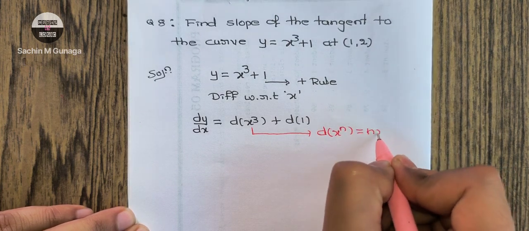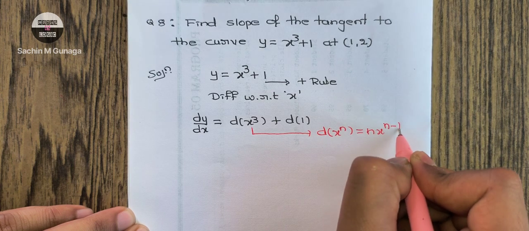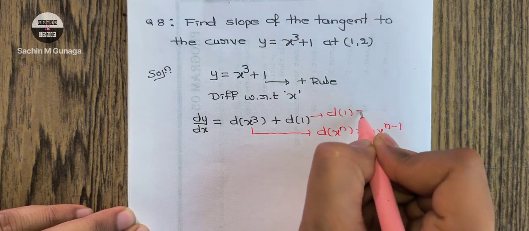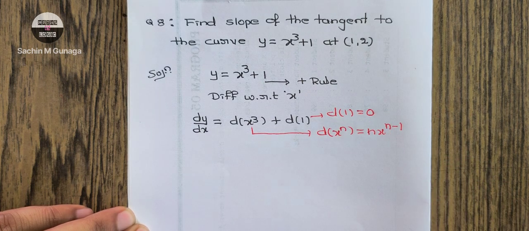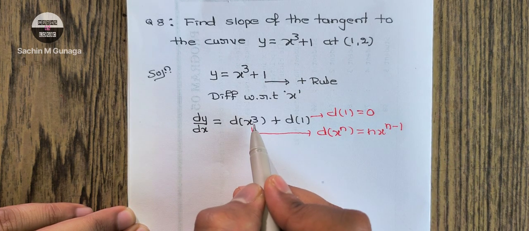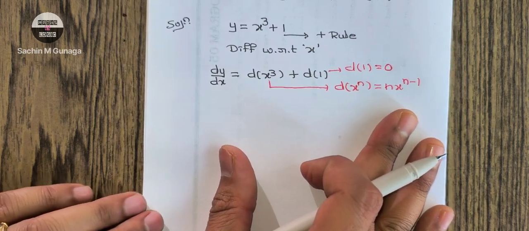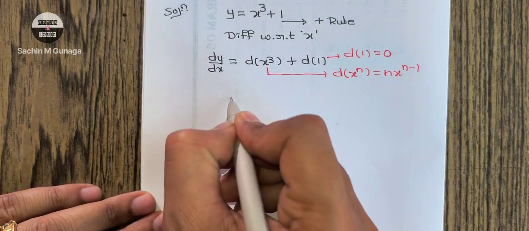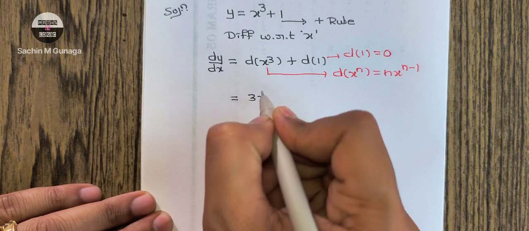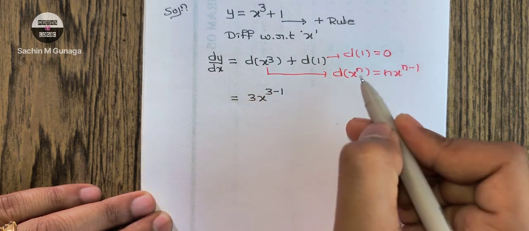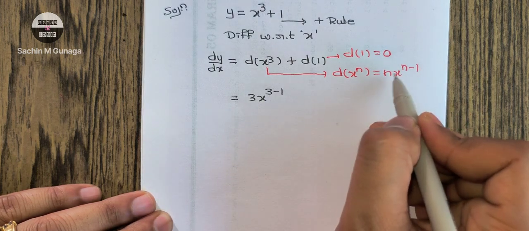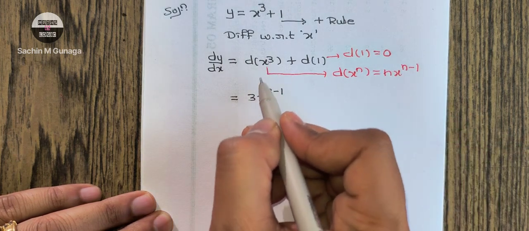So what is that? N into x raised to n minus 1, and the differentiation of number, that is 1, directly goes to how much here? 0. But we know this n means here what is the given number? 3. Therefore which is equals to x cube differentiation is 3 into x power 3 minus 1. N into x power n minus 1 is there. Here wherever n comes, we need to replace by how much here?